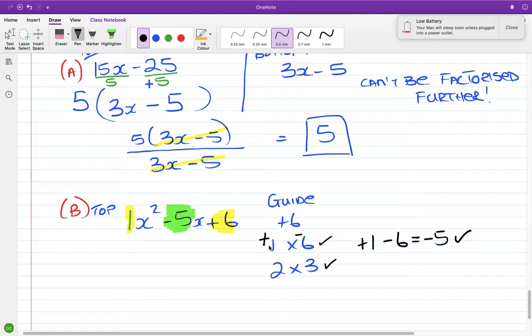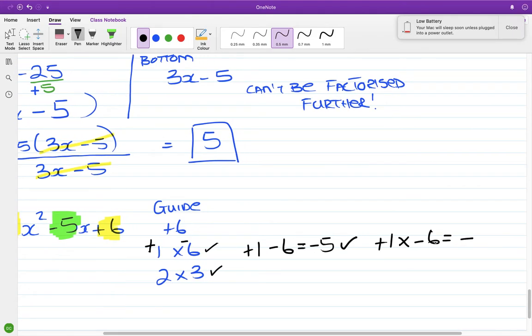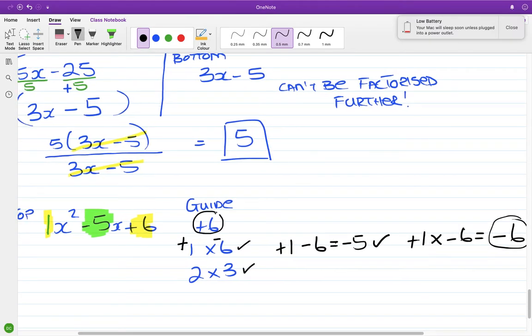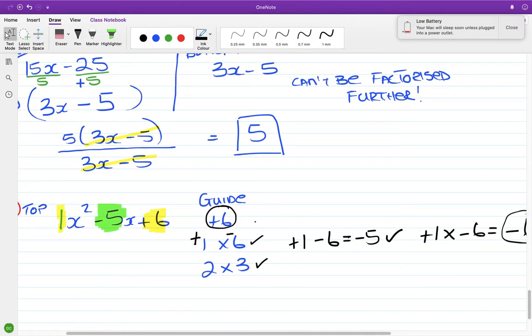Now, if you multiply plus 1 by minus 6, the different signs give me a minus, and 1 by 6 is 6. So minus 6, but if you look here, what was our guide number? Plus 6. So that doesn't work. Okay, it works when you add.